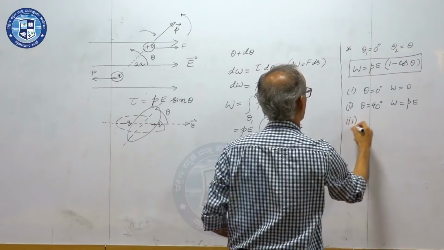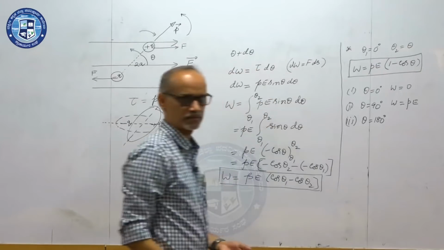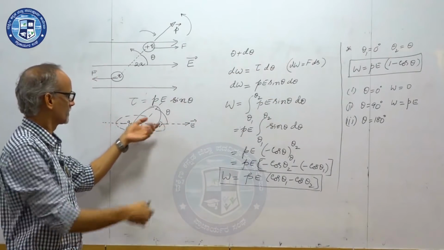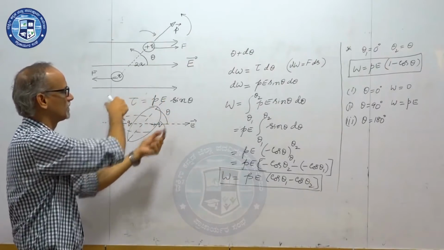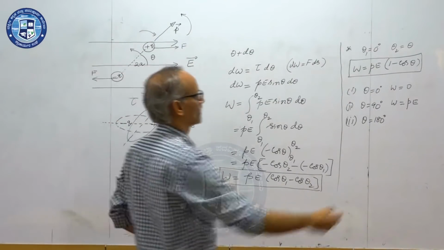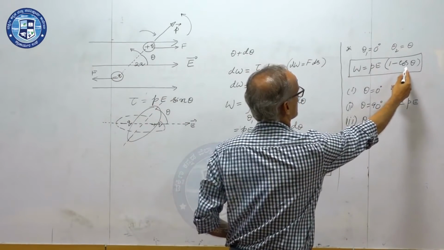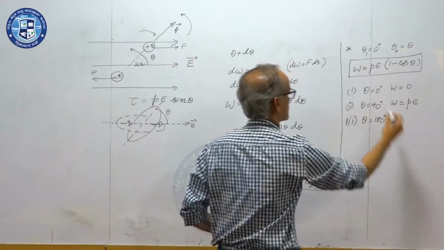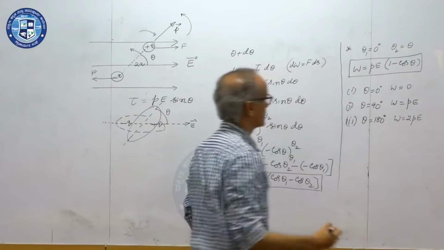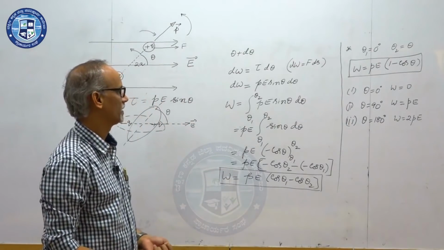Now, what if the dipole is rotated through 180 degree from the stable equilibrium position, which we call the unstable equilibrium position? Cos 180 degree is minus 1, so 1 minus of minus 1 gives 2. Therefore, here W is equal to 2 Pe. So, these are the special cases that we can get out of this expression.